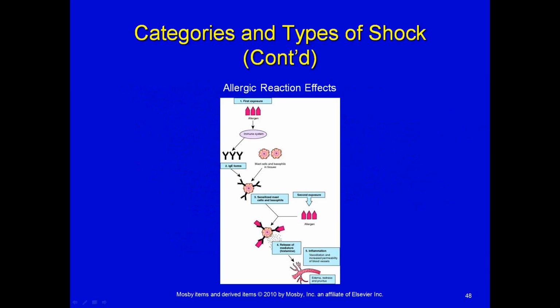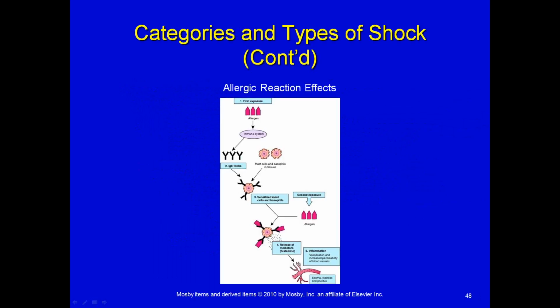Here is just all the things that occur when you have your first exposure to an allergen. Your immune system kicks in. Immune globulin E, mast cells and basophils combine with the immune globulin E to form, or help you create, an antibody.